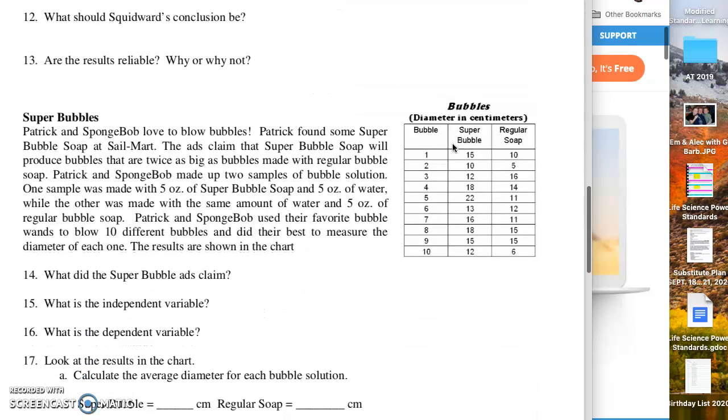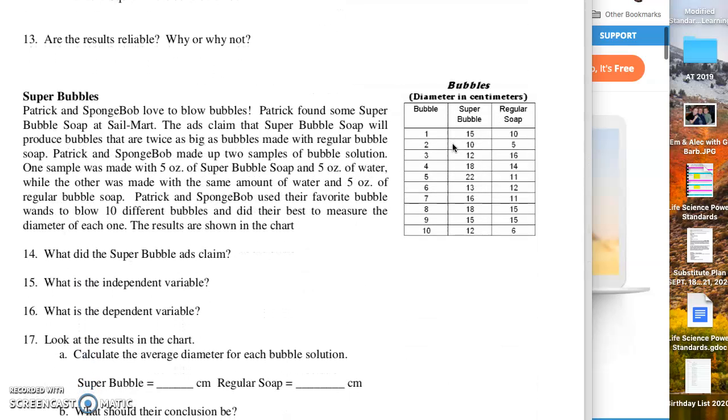Then we have super bubbles. Patrick and SpongeBob love to blow bubbles. Patrick found some super bubbles at SailMart. The ad claims that super bubbles will produce bubbles that are twice as big as the bubbles made with regular bubble soap.